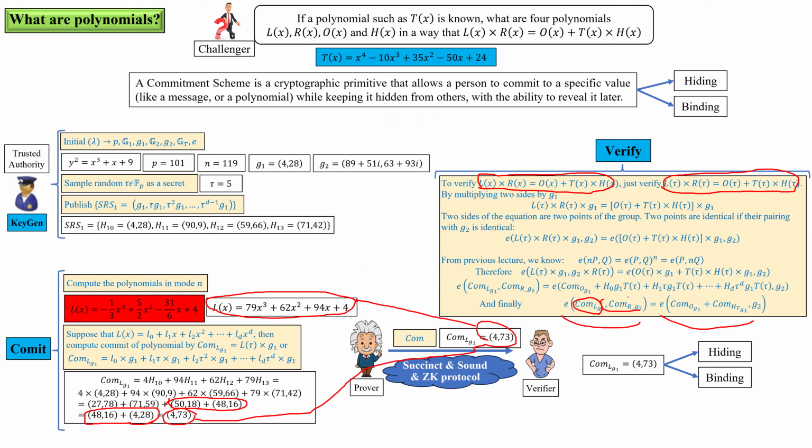The commit of R of x, the commit of O of x, and the commit of H of x also need to be computed by the prover and sent to the verifier. So this protocol should be extended so that the prover computes the commits for the other values.